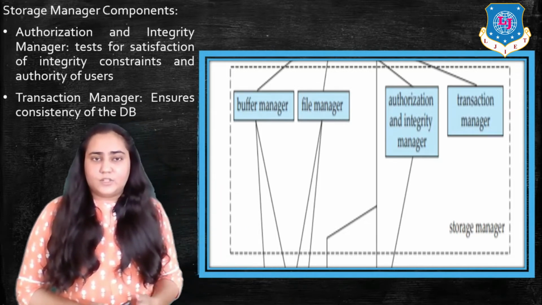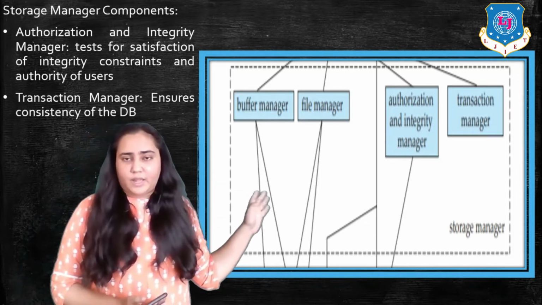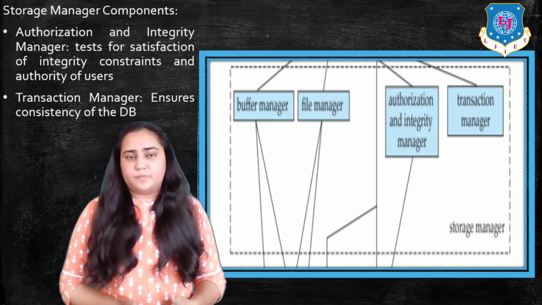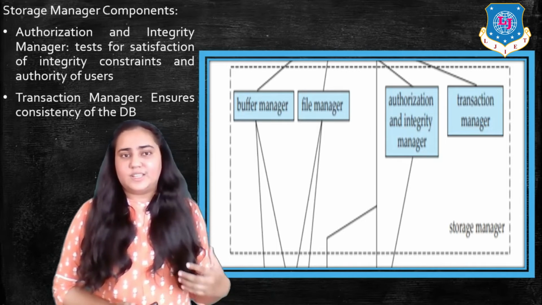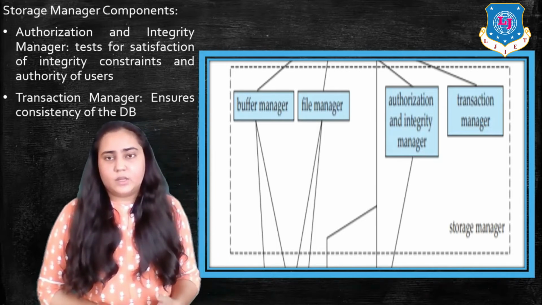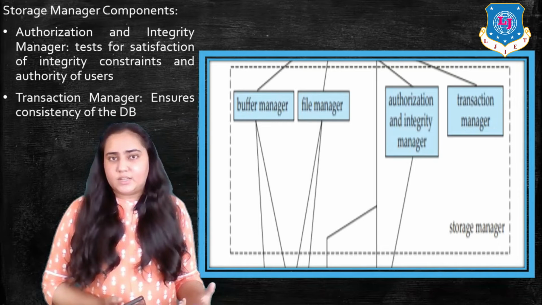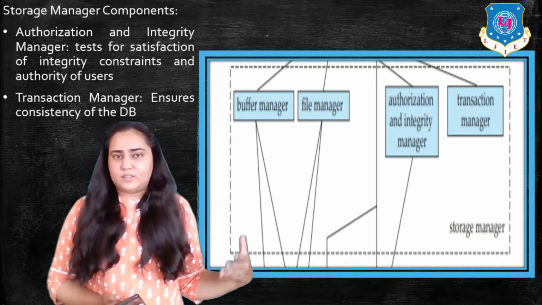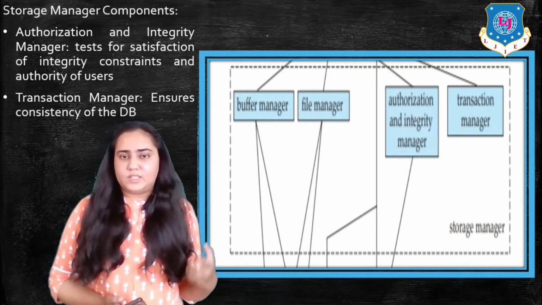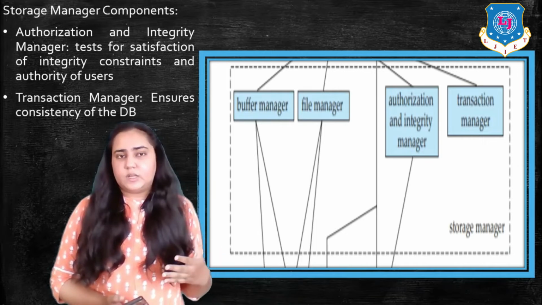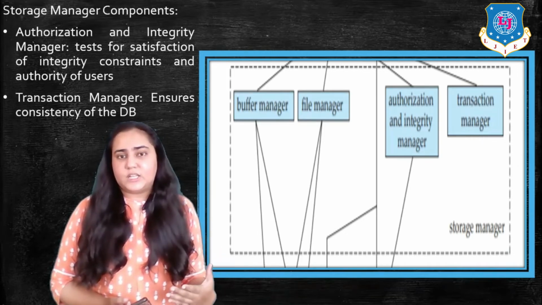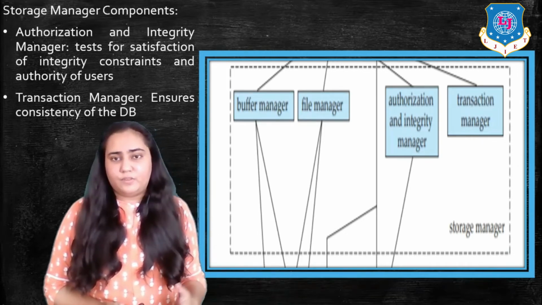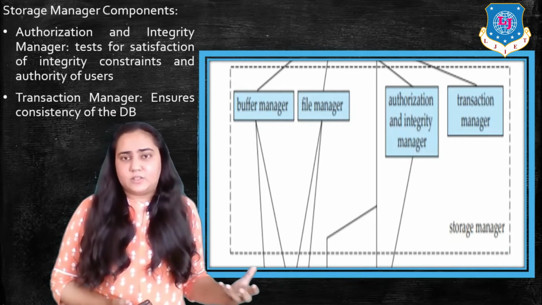Next, we have the Transaction Manager, which you can see at the far end of the Storage Manager. A Transaction Manager ensures consistency of the database. Consistency means correctness of data. Later on, in the next chapters, you will study that the consistency of the database is affected by a lot of things, not just wrong data being entered.